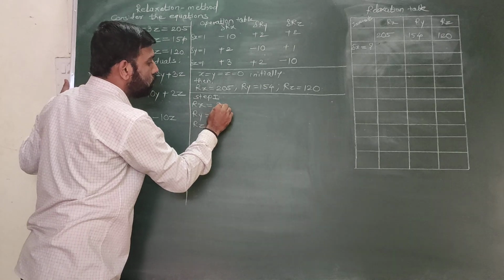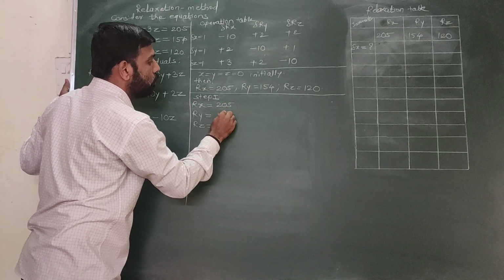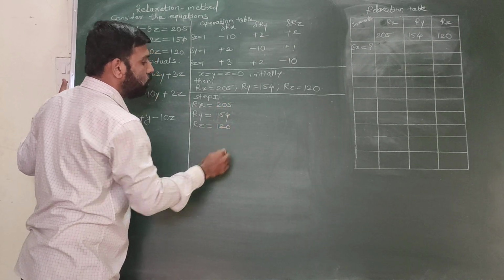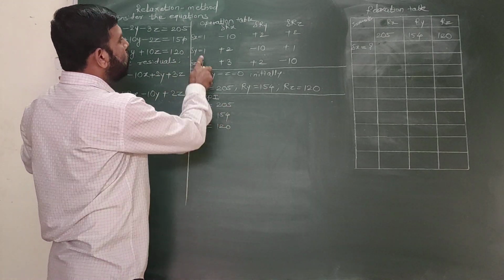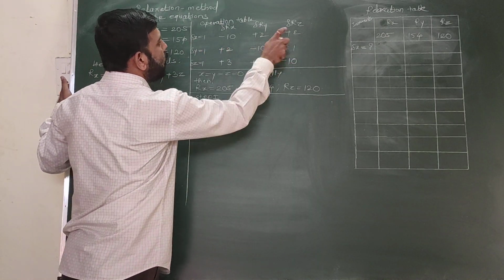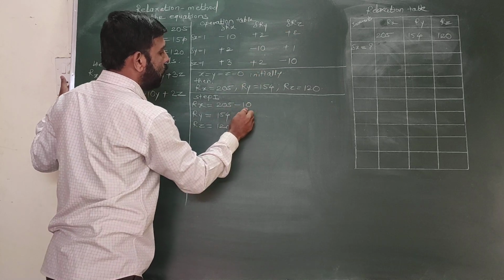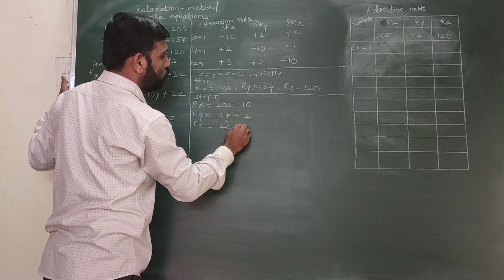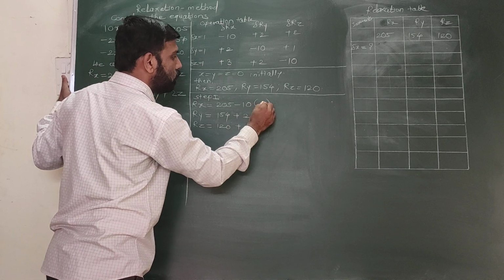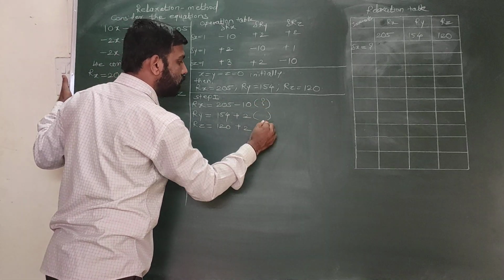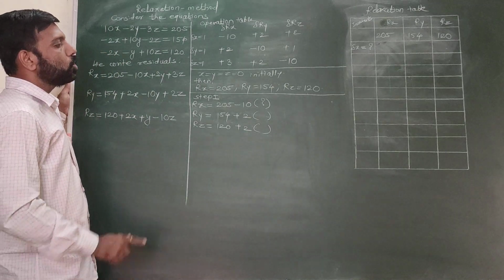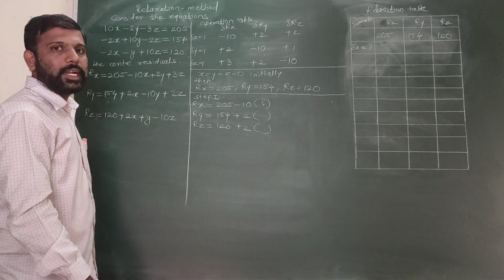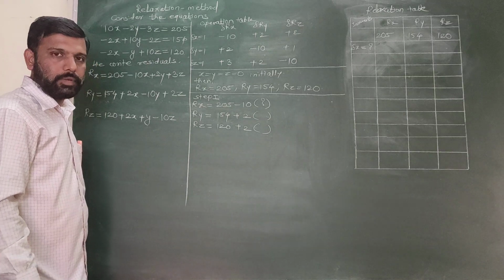Last row values: 205, 154, 120. As we are giving an increment for the x variable, choose the row of the x variable, minus 10, plus 2, plus 2, in the bracket. Here we have to give an increment. It depends on us what increment we are giving.